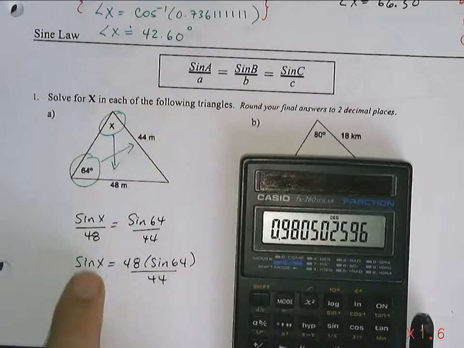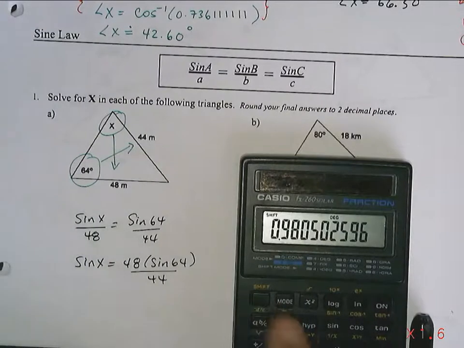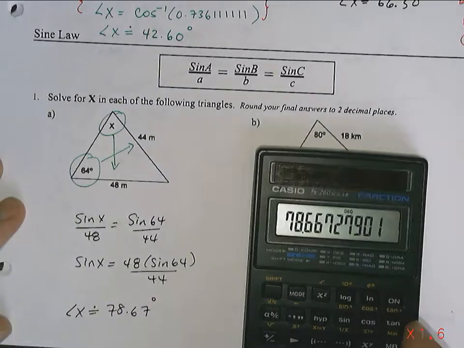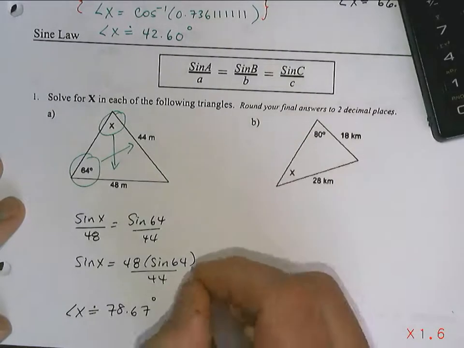And this is sine x. So I need to do the inverse. So second function, inverse sine, is going to be an answer of angle x equals approximately 78.67 degrees.